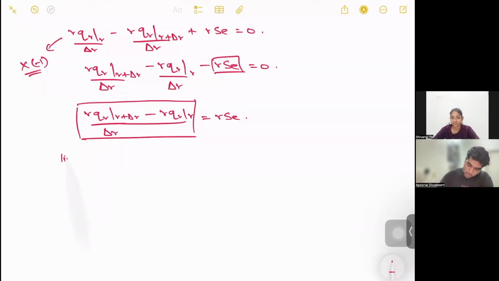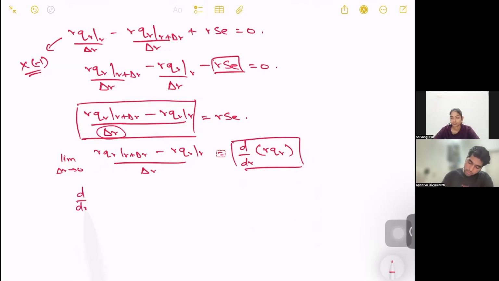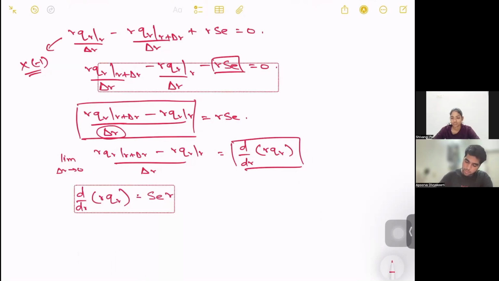The limit as delta R tends to 0 of R q_r at R plus delta R minus R q_r at R, divided by delta R, equals d by dR of R q_r. That is the form we wanted, so that's why we divided by delta R. Now d by dR of R q_r is S_E R from this equation.